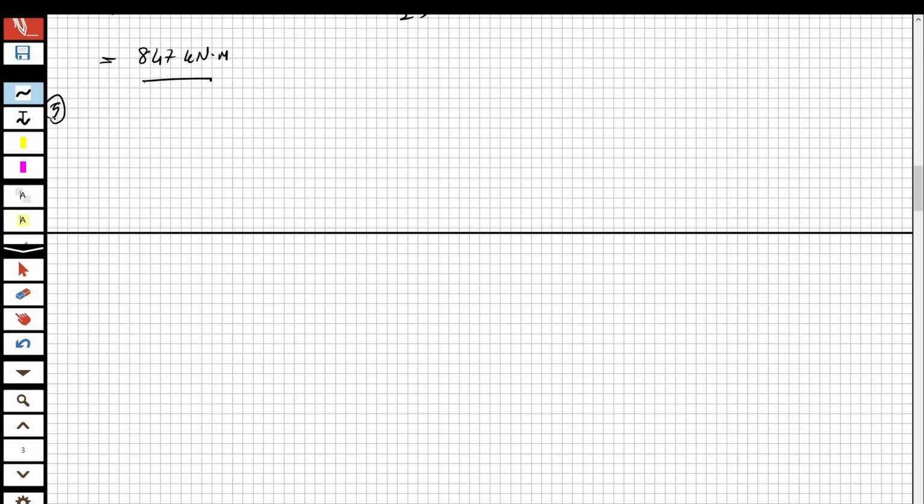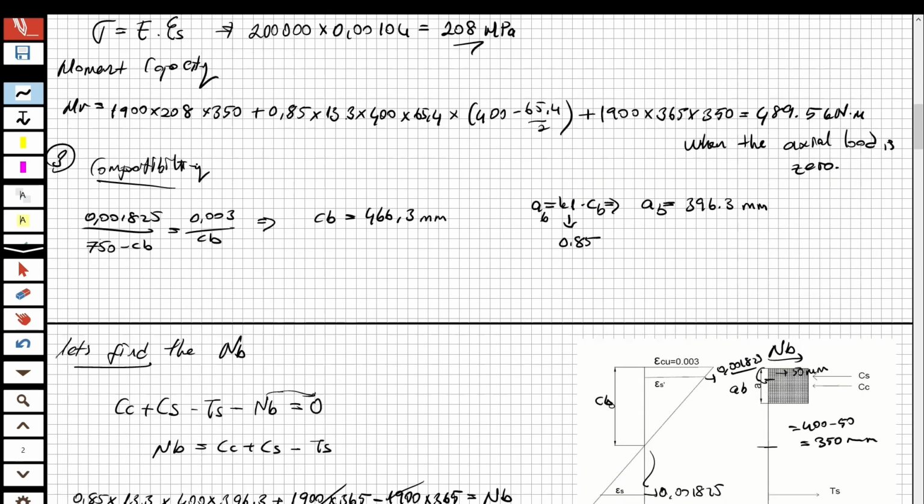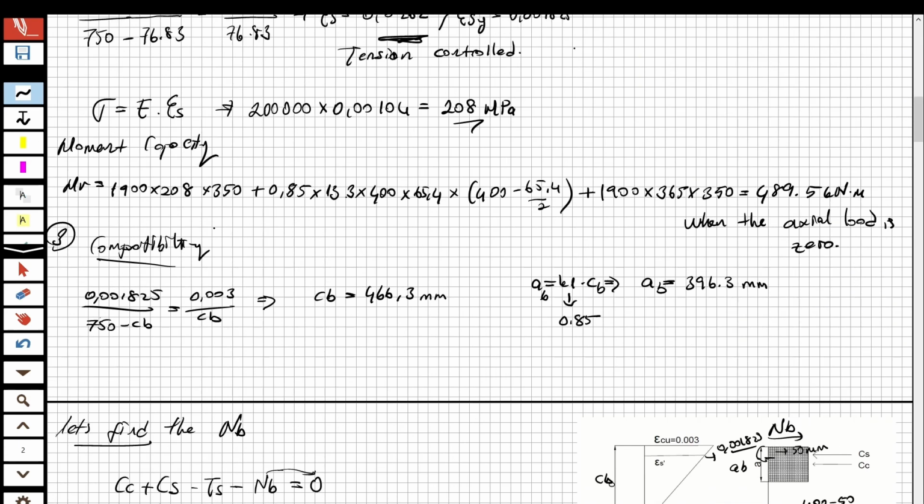For the fifth part, for example, we have two axes because we are going to draw a diagram. And for example, this is the pure bending. Okay, what was the pure bending? Let's check for the pure bending. What was the pure bending capacity?